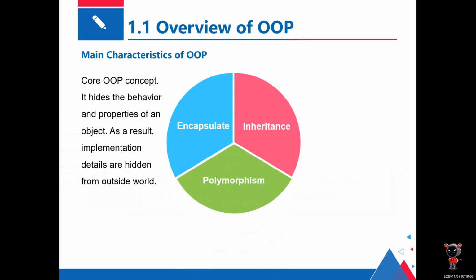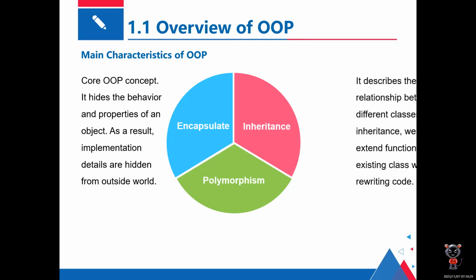So if we want to access some information, methods or variables from the class, we can only access them using public methods. We cannot access the private information. In this way, we are hiding the implementation details from the outside world.